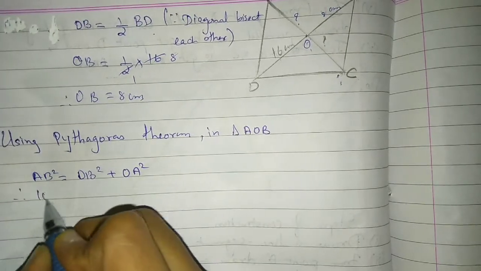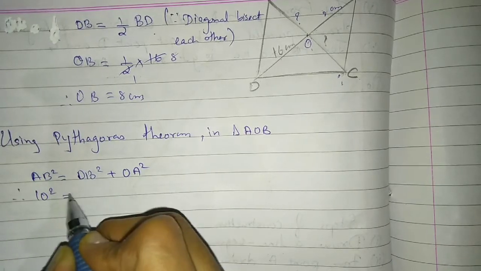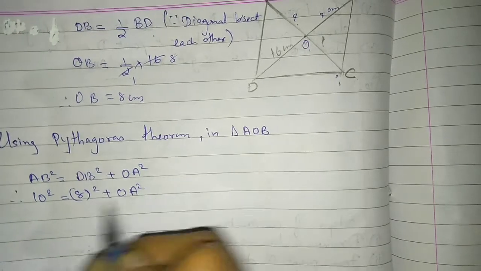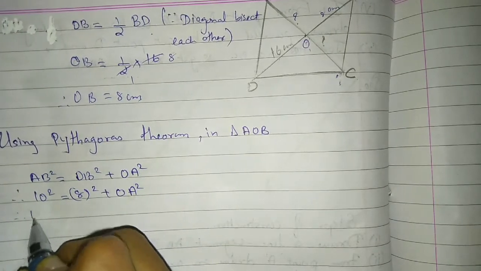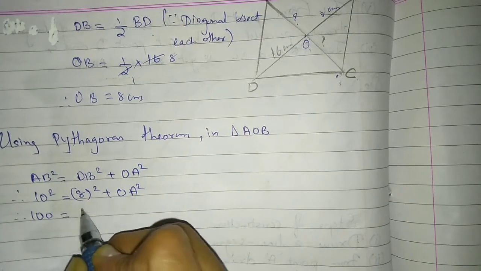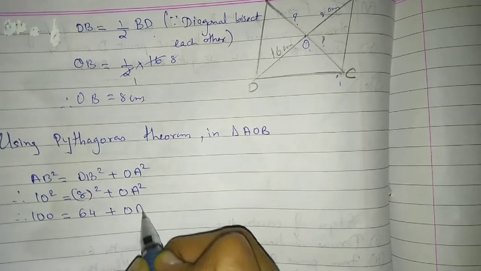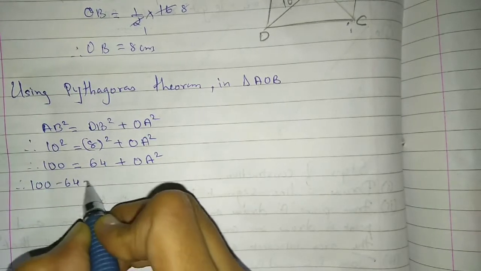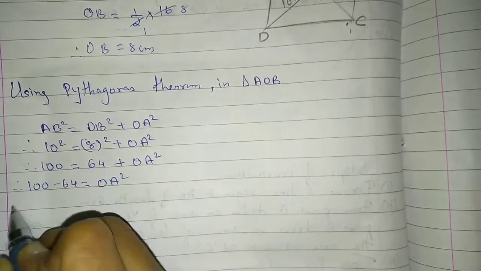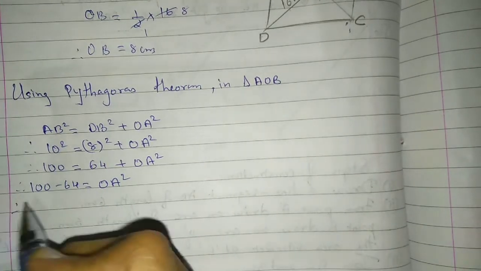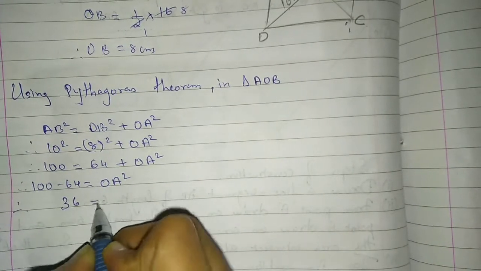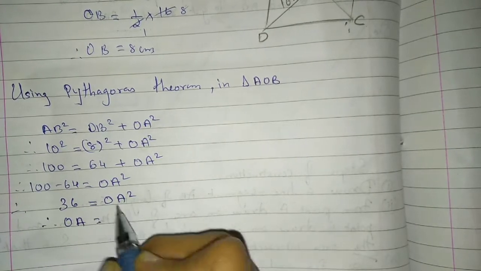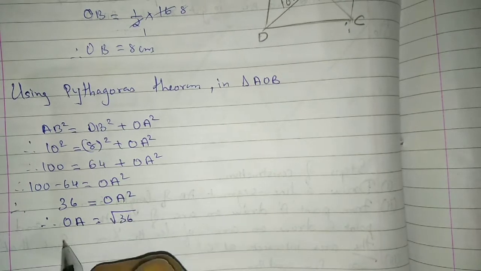Therefore AB is 10 centimeters squared, OB is 8 squared plus OA squared. Therefore 10 into 10 is 100 equals 8 into 8 is 64 plus AO squared. Therefore 100 minus 64 equals AO squared. 100 minus 64 is 36 equals AO squared. Therefore AO equals root of 36.